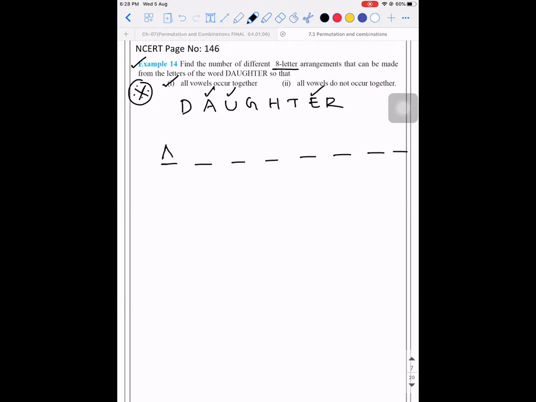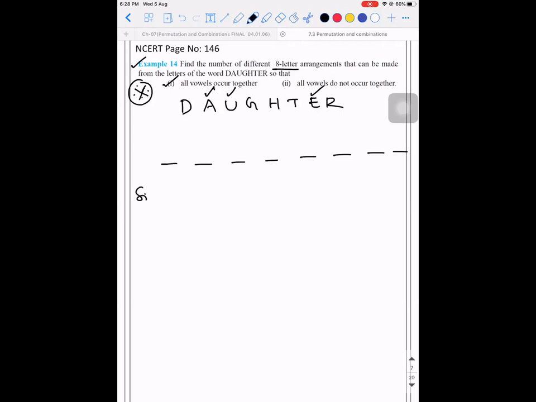Means if I place A here, if I place E here, I need to definitely place a U here. If I do it like this, then the requirement is not satisfied. Are you guys able to understand? So we need to ensure that all the 3 vowels are placed together.